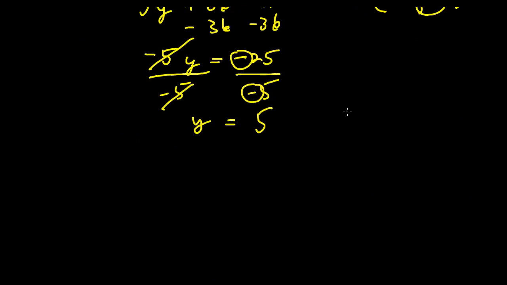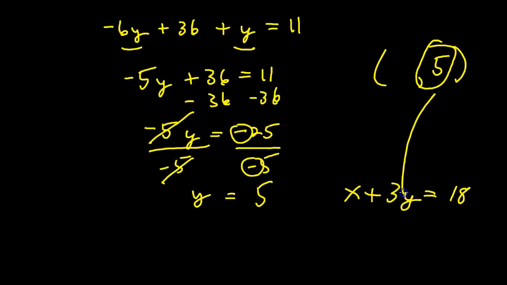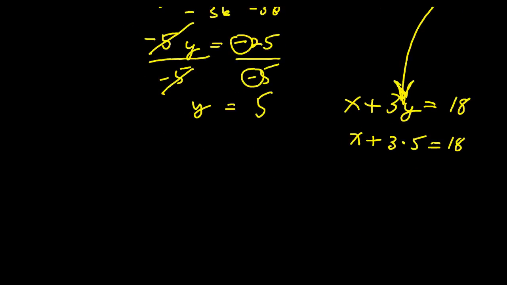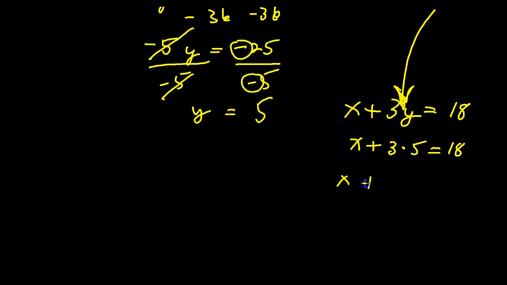All right? So x plus 3y equals 18. Remember, we're going to plug in 5 for y. x plus 3 times 5 equals 18. Of course, 3 times 5 is 15. So x plus 15 equals 18.